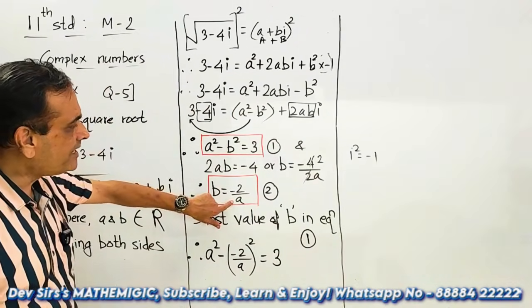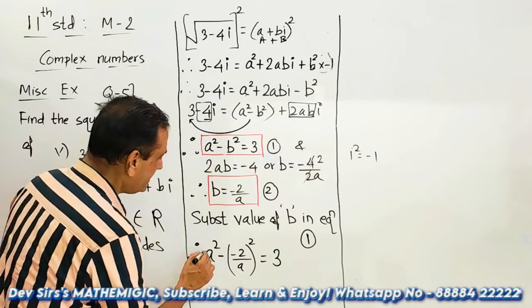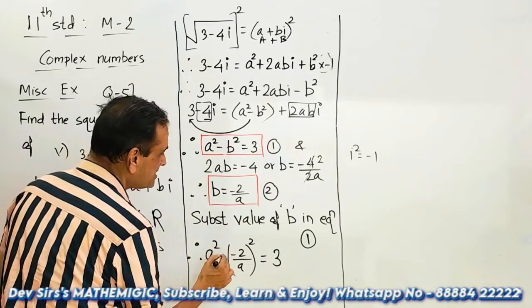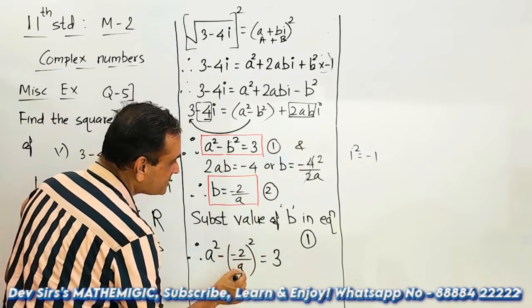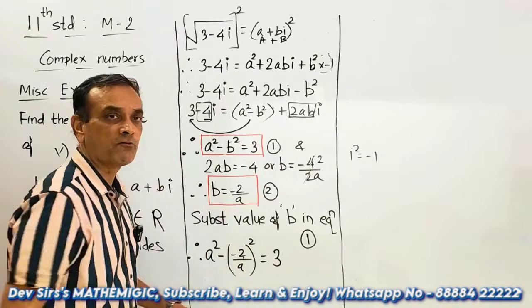So this value of b I am putting over here in equation 1. So what do I get? a squared minus, in place of b, minus 2 upon a, whole squared, equal to 3.